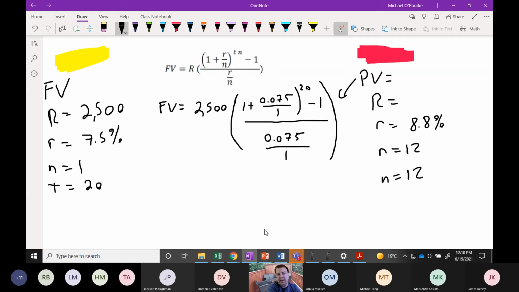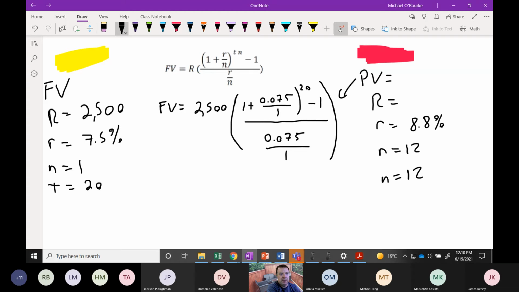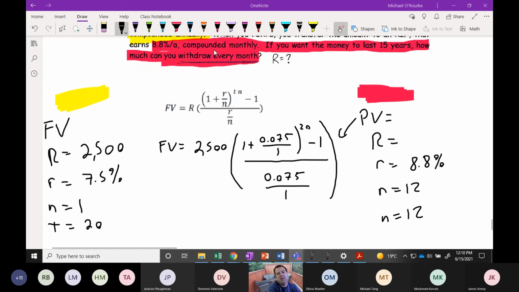All right, I'm going to use my TVM solver to get my answer for PV. You're taking out money to pay for something. Yeah, in a way, you're kind of taking out money. In this case, we're taking money out to pay for our life. It's not like the previous question where we're taking money away to pay off a debt.